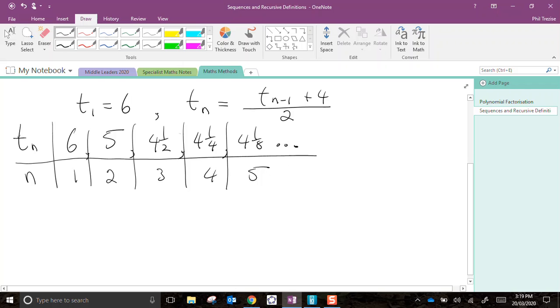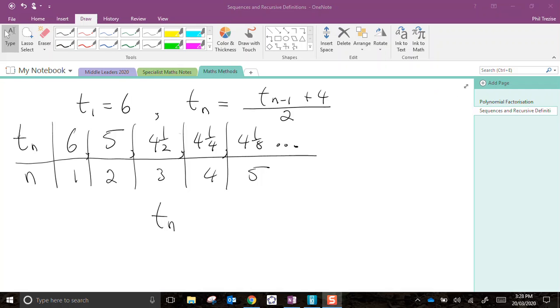So if I wanted to find a rule, a general rule, not a recursive rule, I'm looking for a formula that would give Tn, but I don't want to refer to previous terms. I can refer to n, sure enough, but just not previous terms. So let's take a look. Is there any obvious pattern going on here? Well, 6 drops by 1 to give 5, 5 drops by a half to give 4 and a half.